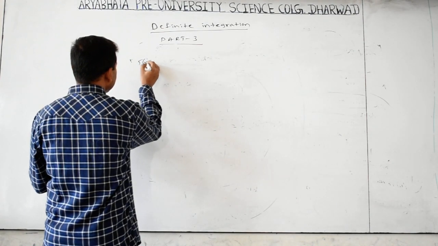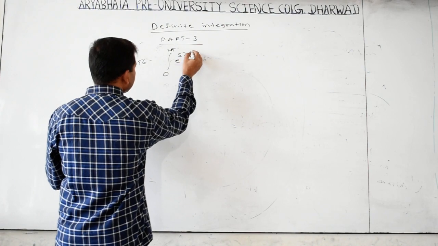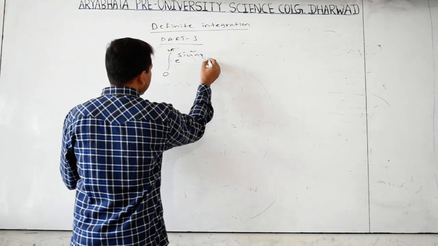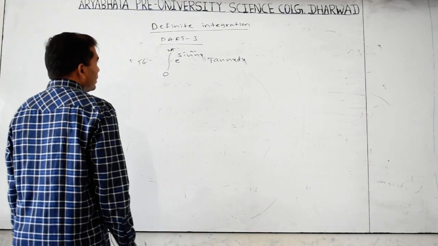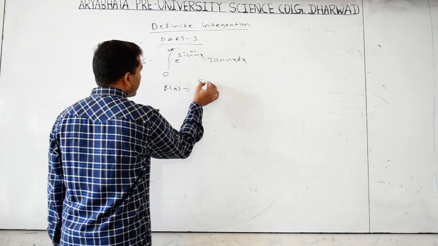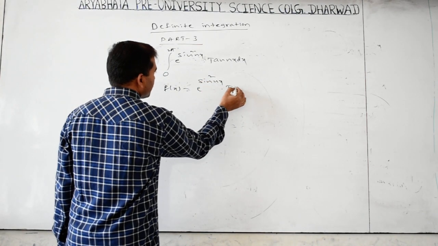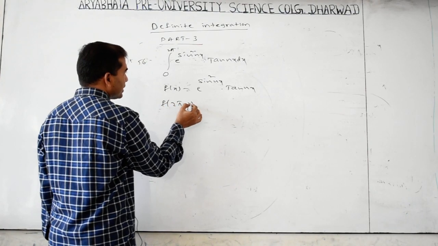Next, 56: integration from 0 to 2 pi of e power sin square nx into tan nx dx. This is in the form of 0 to 2a. F of x is equal to e power sin square nx into tan nx. Use the property f of 2 pi minus x.